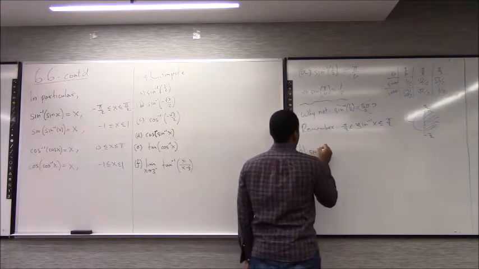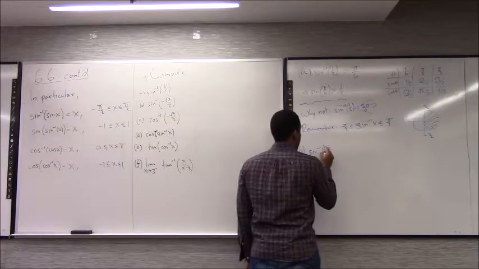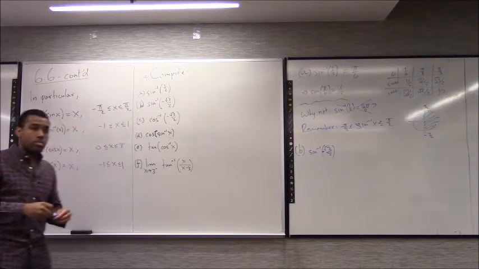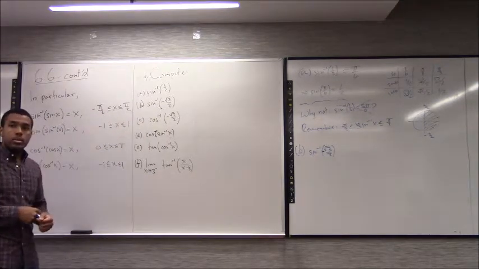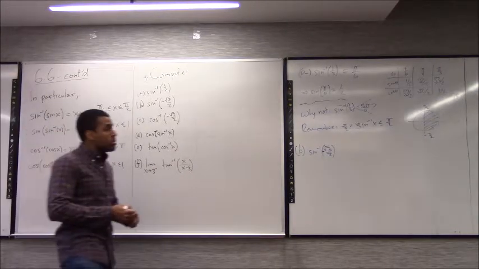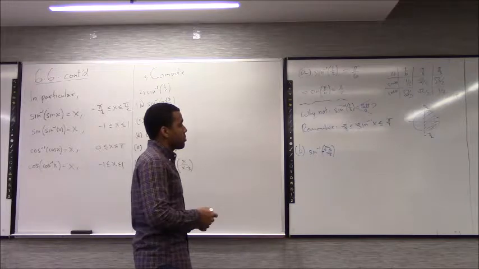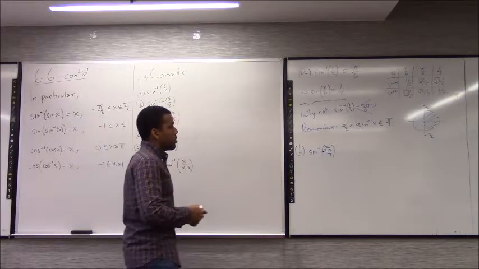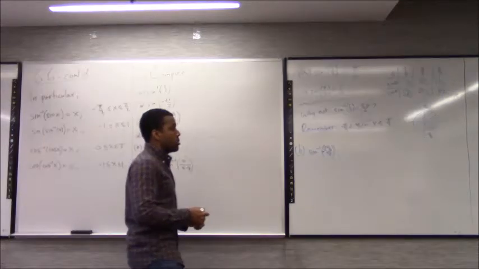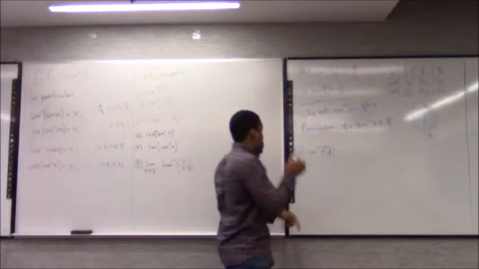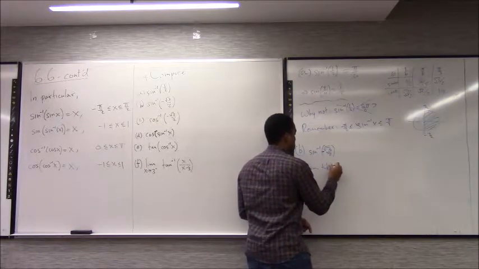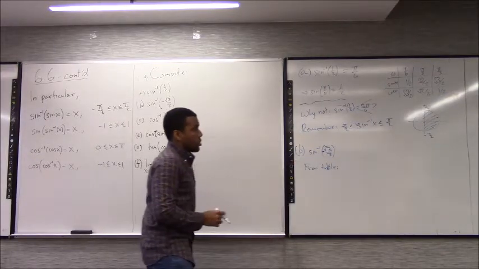What about this one? Minus radical 3 over 2. Half? Pi over 3? Is it now in that fourth quadrant? Okay, so here's how we think about it. We know from the table, what gives us radical 3 over 2?